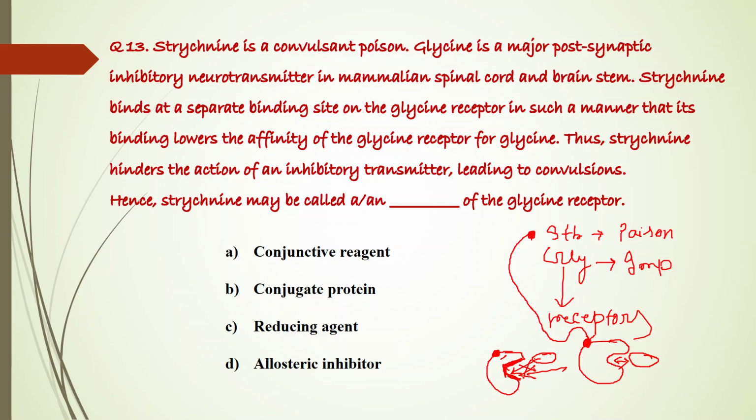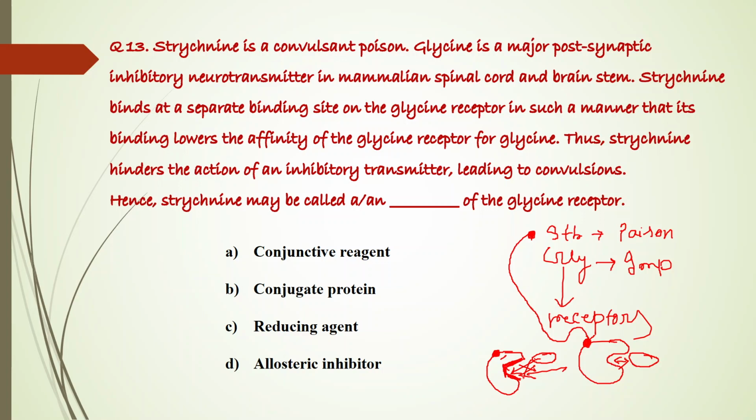And this only happens, yes, absolutely right, it only happens in case of allosteric inhibition, where there is a conformational change in your enzyme and your substrate can no longer bind.